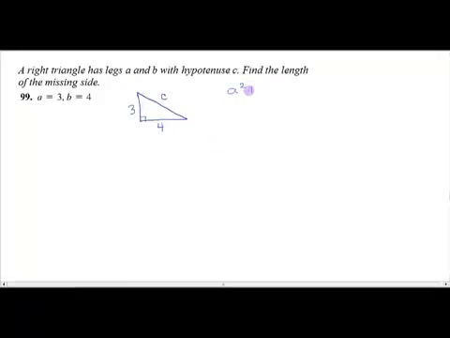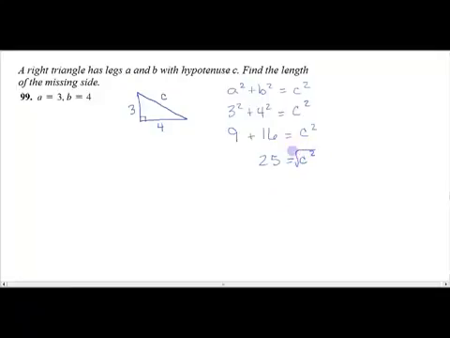So a squared plus b squared equals c squared gives me 3 squared plus 4 squared equals c squared. That's 9 plus 16 equals c squared. So 25 is c squared.